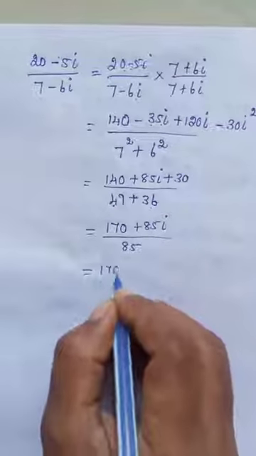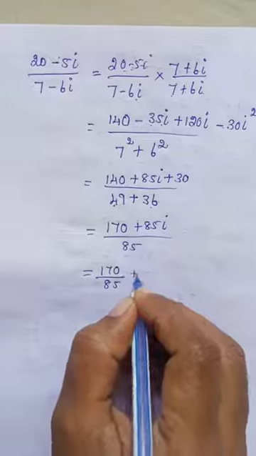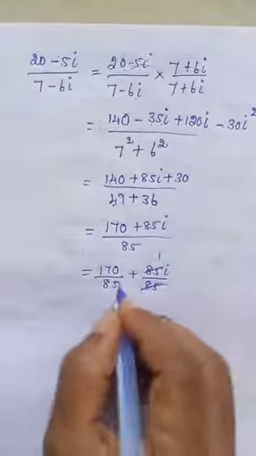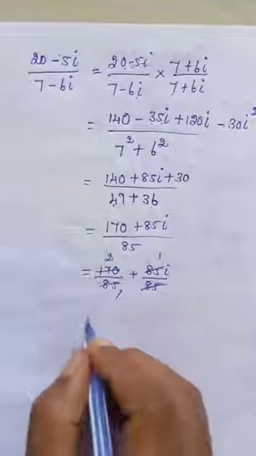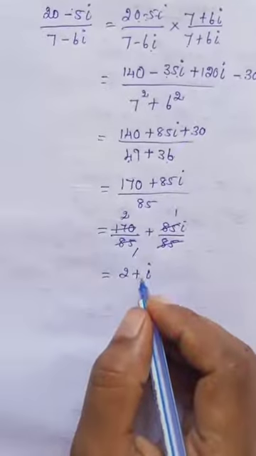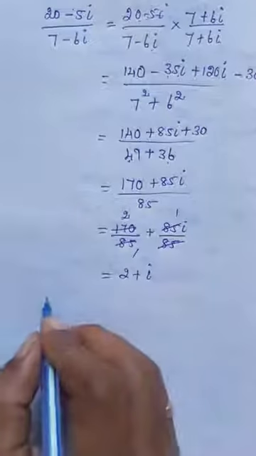Now we can divide 170 by 85 plus 85i by 85. So we have got 2 plus i. There we got 2 minus i, and here we have got 2 plus i.